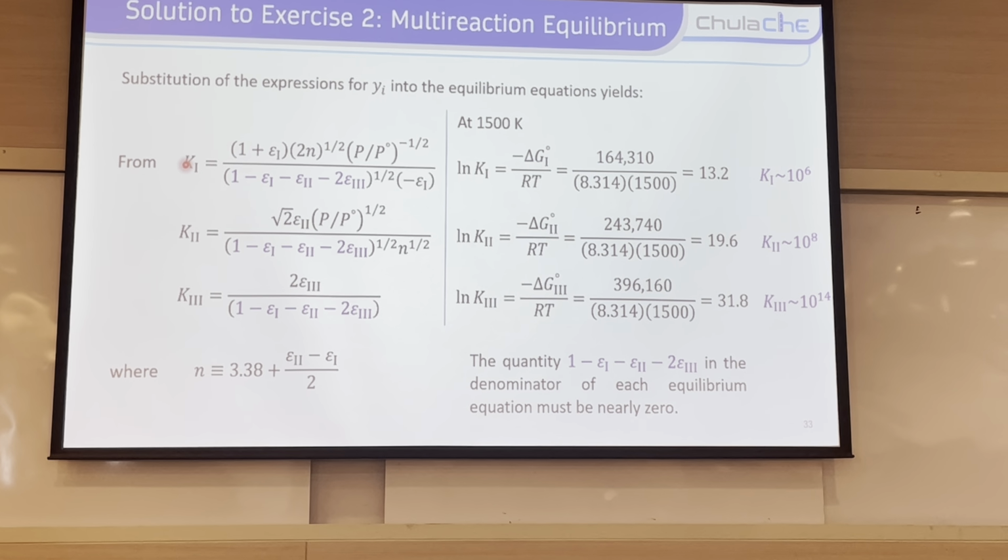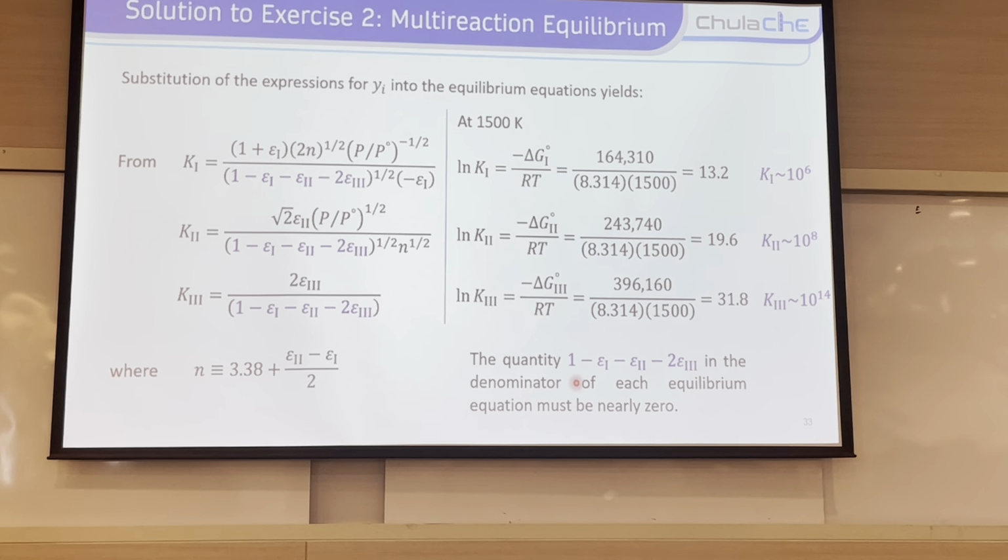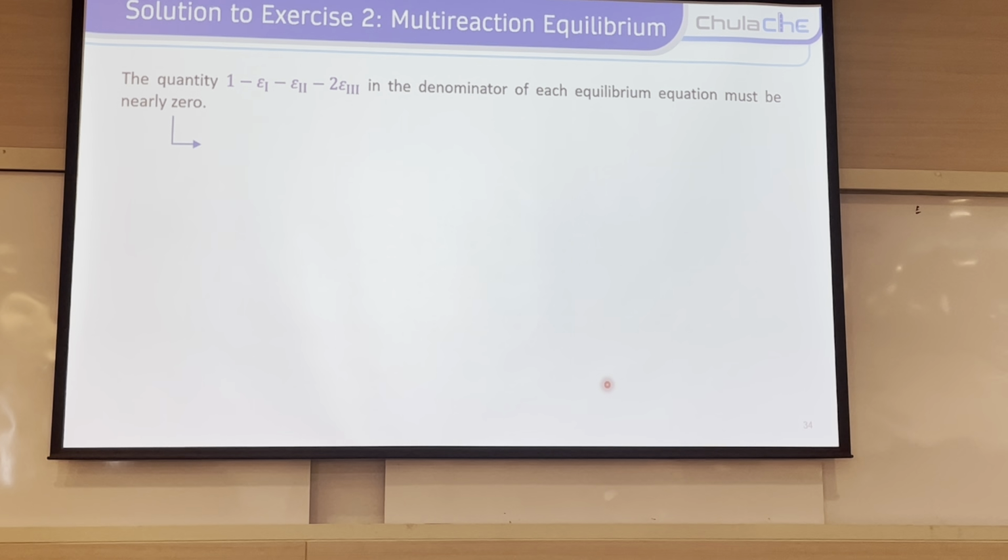So it makes the value on the left-hand side a large number. In this case, if this purple term here is very, very small, nearly zero, what does it mean?